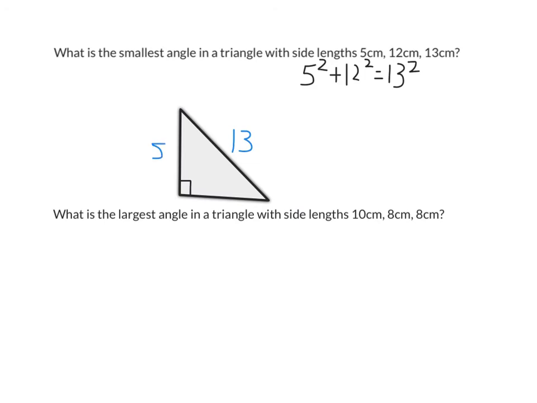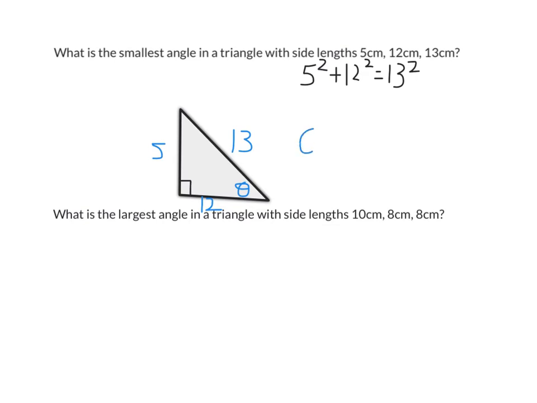So 5, 12, 13. Okay, now we know from previous lesson, the smallest angle is always opposite the shortest side. So the shortest side is 5, the smallest angle will be this one here that's opposite it, theta. So to find theta is really simple. Because we know all three sides, we could actually use any of the ratios.